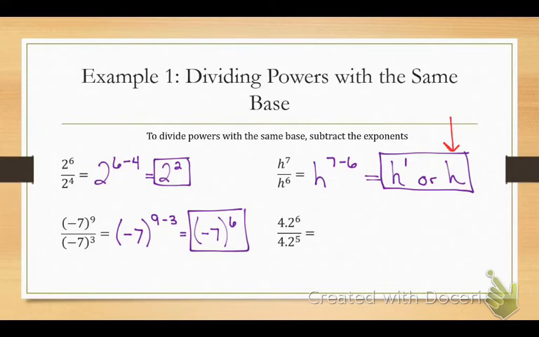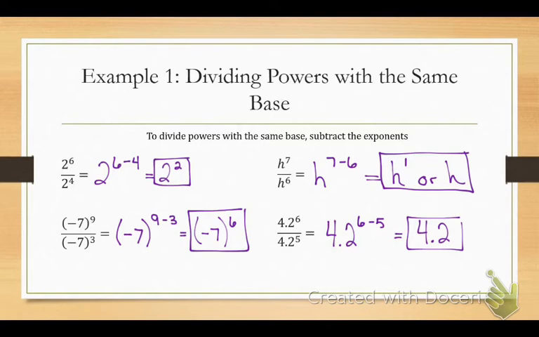But I'm not going to count off either way, because if you just write h, which I saw in some of your papers, you're showing me that you understand that 1 is understood. Okay, 1's just there. All right, so then on the second one, 6 minus 5 is again 1, so I just put 4.2. If you said 4.2 to the 1st power, that's fine also. All right, how'd y'all do?